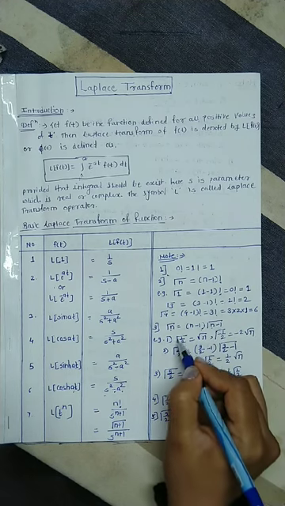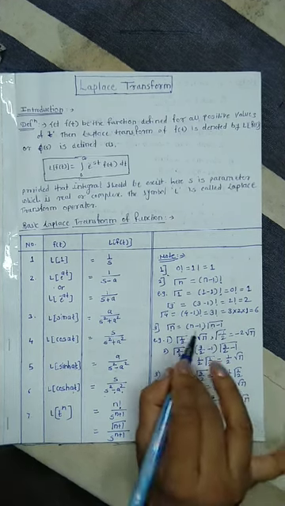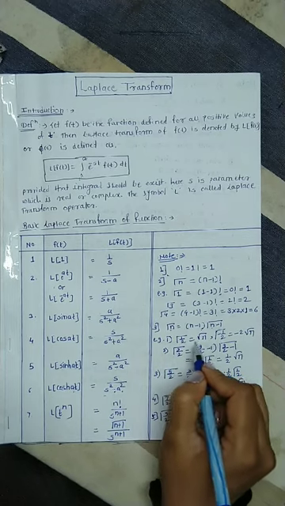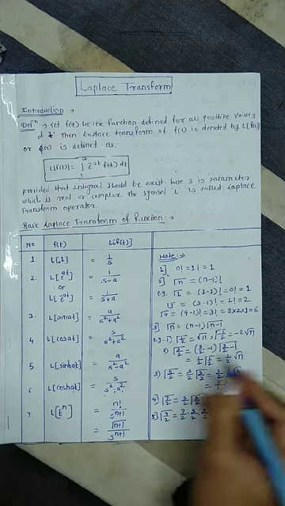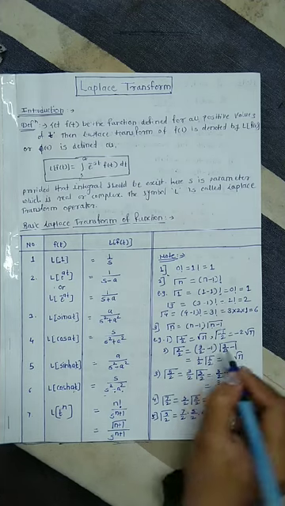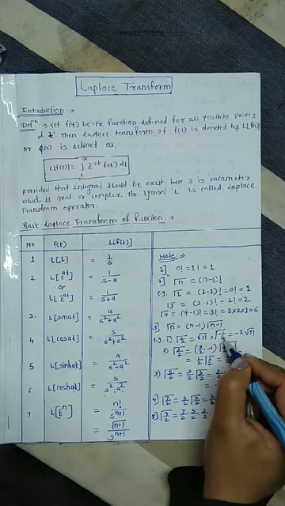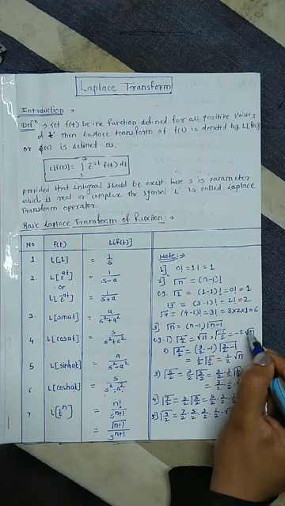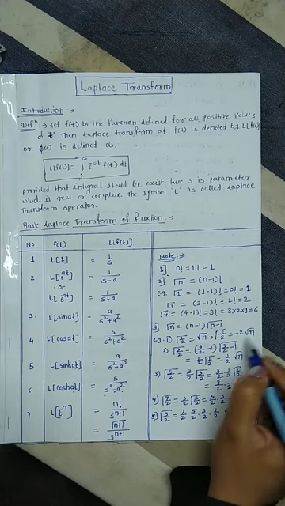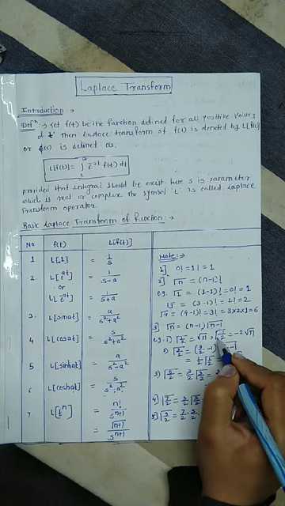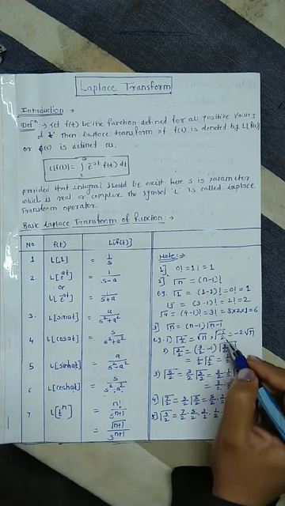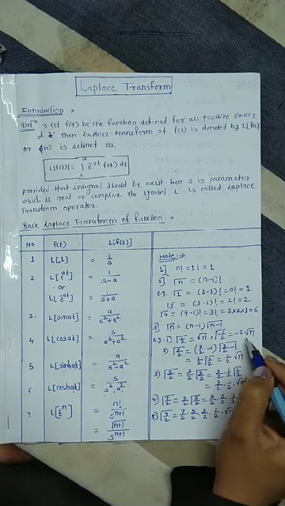For example, gamma half is the basic gamma number whose value is root pi. Remember this, wherever gamma half comes we have to put root pi in the example. Gamma minus half is nothing but minus 2 root pi. You have to mug up these two basic numbers. Gamma of half is root pi, gamma of minus half is minus 2 root pi.